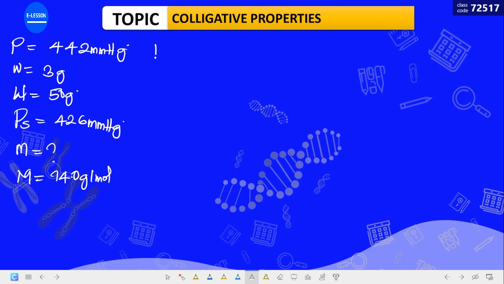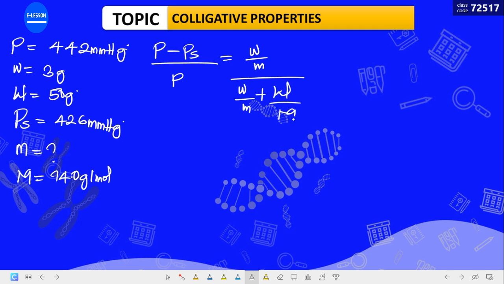This gives us P minus PS divided by P is equal to w over m divided by w over m plus W over M. P is 442, PS is 426.